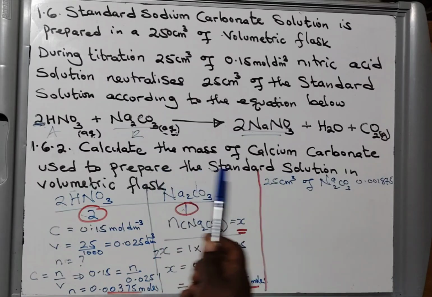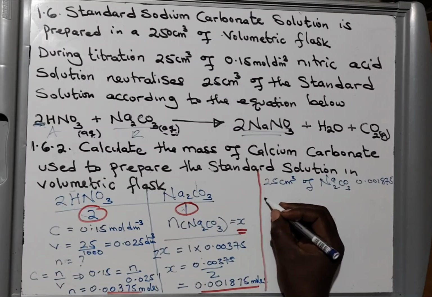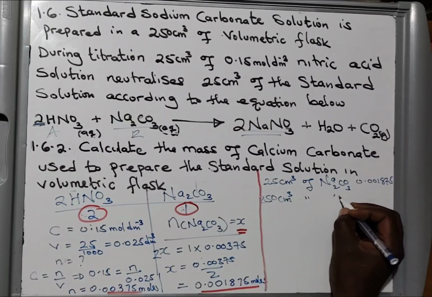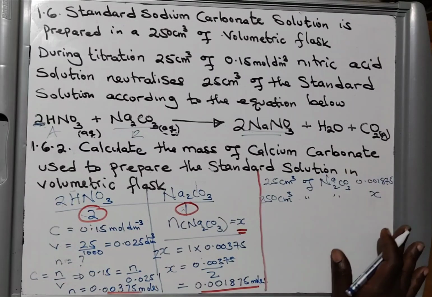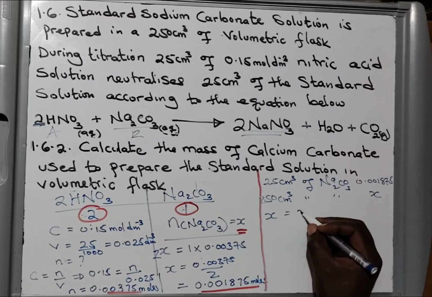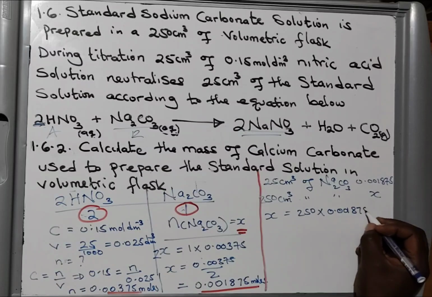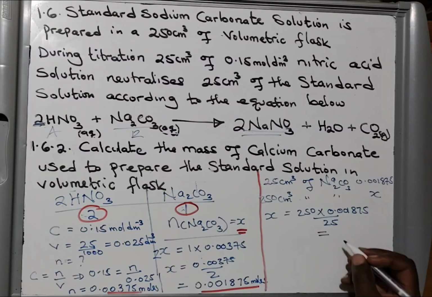What we want to calculate here is the mass of sodium carbonate which was dissolved in 250. So it requires you to equate this to 250. In other words, if 25 contains that, 250 cubic centimeter of this will contain what? Let us call it x. These are direct proportional ratios, so you can cross multiply. And when you do that, you get x as 250 times 0.001875 over 25. That's what we are going to calculate.